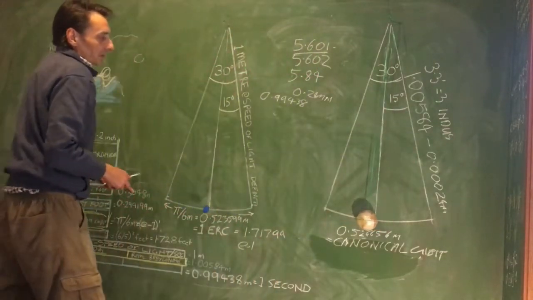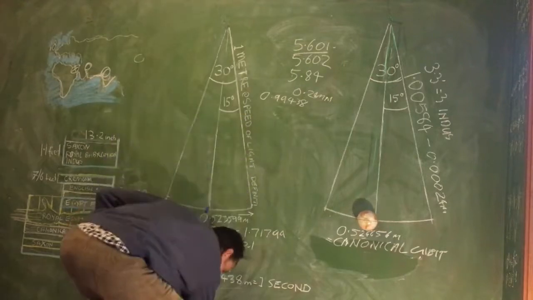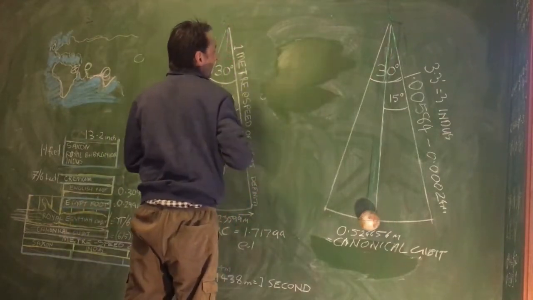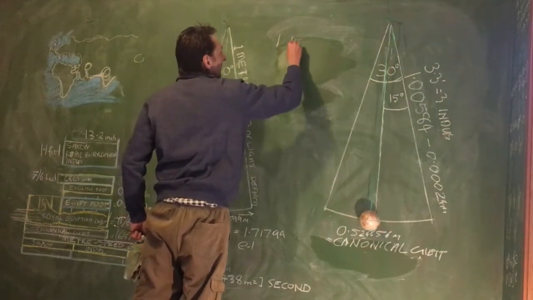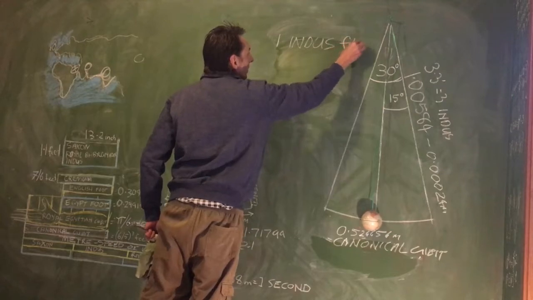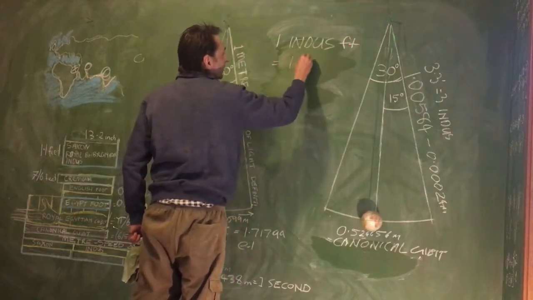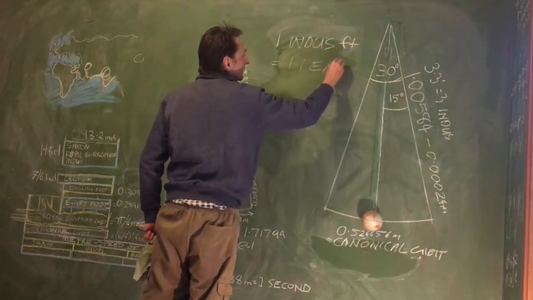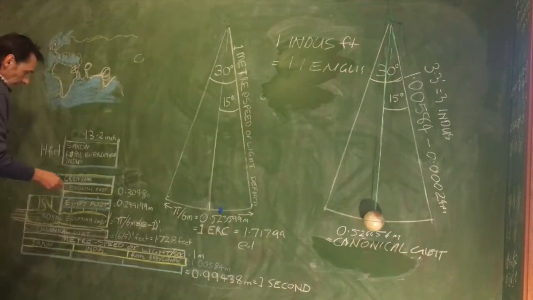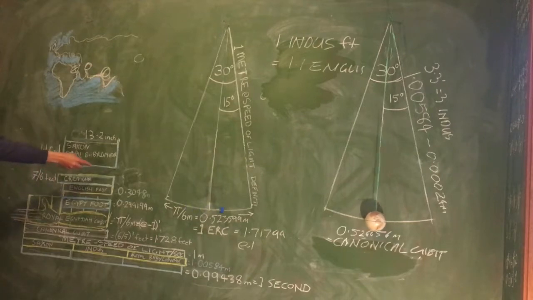Now the Indus foot, 1 Indus foot, again found by measuring rods, is known to equal 1.1 English feet. So you can see it here. 1 English foot equals 1.1 Indus feet, or 13.23 inches.